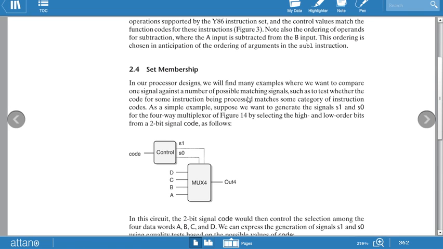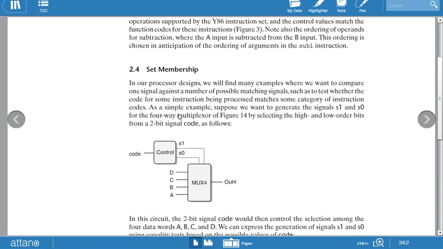There is only one output, but there are multiple possible matching signals, such as to test whether the code for some instruction being processed matches some category of instruction code.